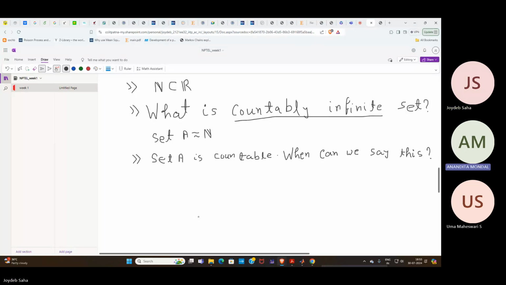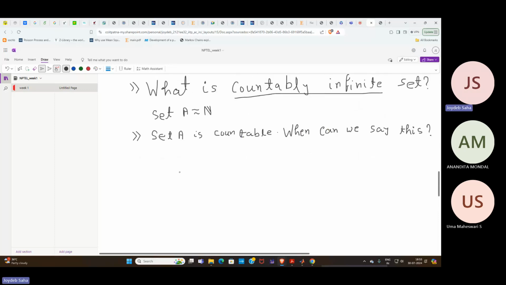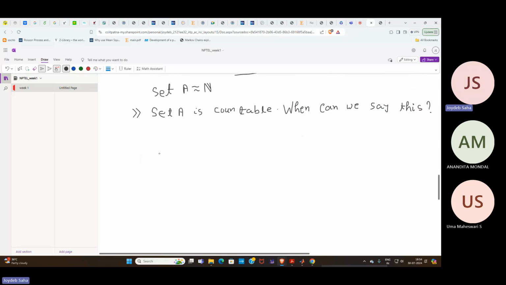Sir, again we can say set A has a bijection with the natural numbers. Only this, or is there any other condition also? Let us say with some example. Okay, let's define A. Whether it is countable?